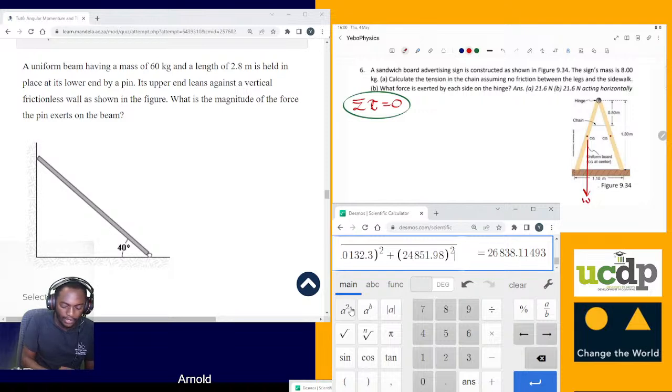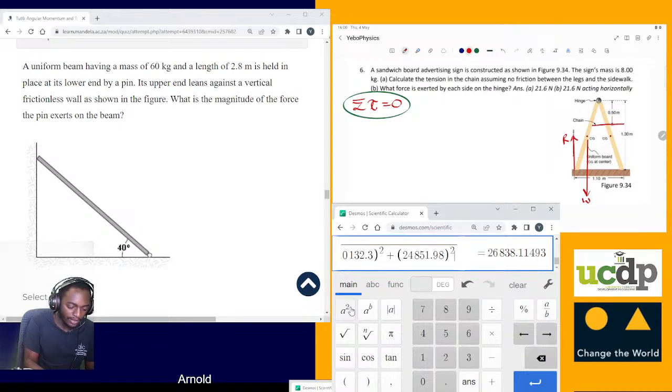And we are obviously going to have a reaction force here at this point on this leg. And then this chain is going to experience a tension, and this tension will be in this direction.